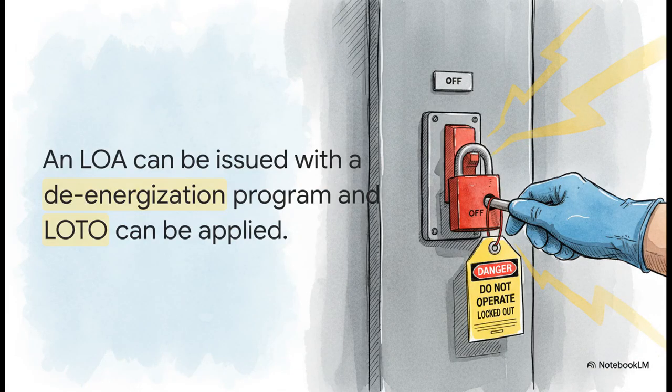An LOA can absolutely be issued with or without a switching or de-energization program. If your work requires a nearby live circuit to be made dead just to keep you safe, the power can be isolated. And if isolation points are created, strict lockout, tagout, or LODO procedures have to be applied. We're talking safety locks, caution signs, and danger hold tags securely fixed and visible on every single isolation point.